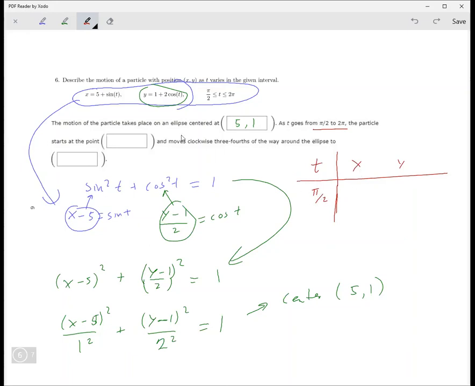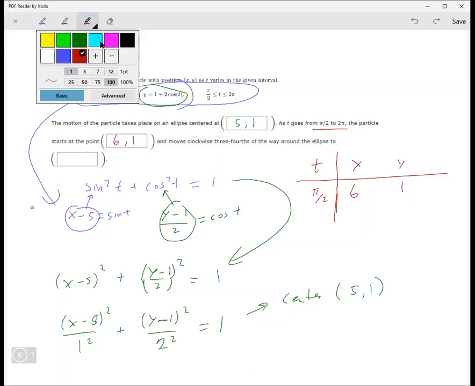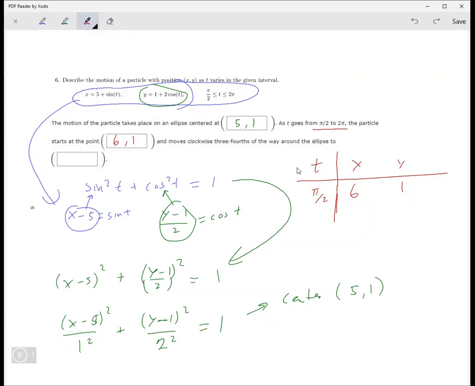So when t is pi over 2, the first one is going to be 5 plus sine of pi over 2. Sine of pi over 2 is 1, so that's 6. And when t is pi over 2, cosine is 0, so that's just 1. So it starts at the point 6, 1 and moves clockwise 3/4 of the way around the ellipse.